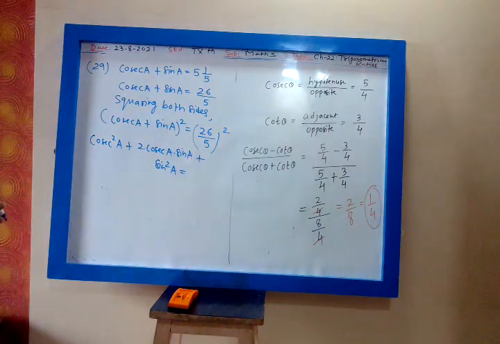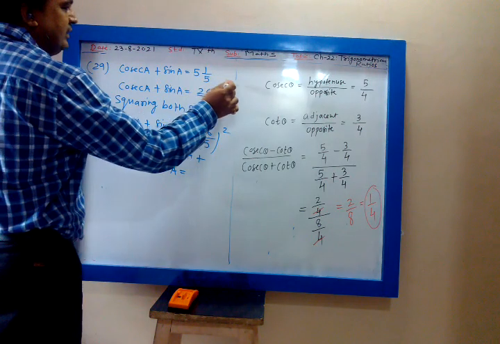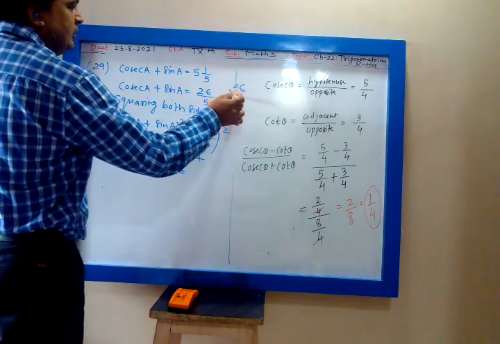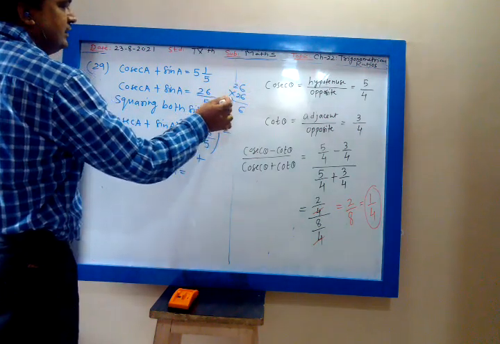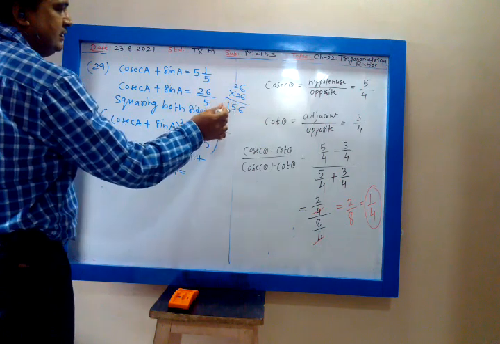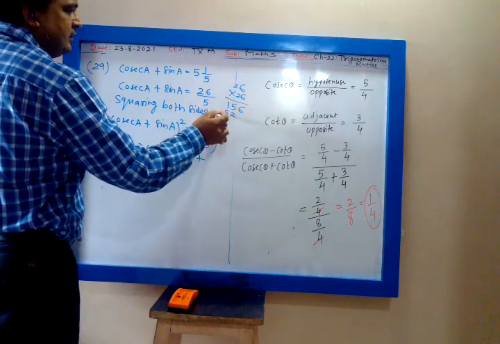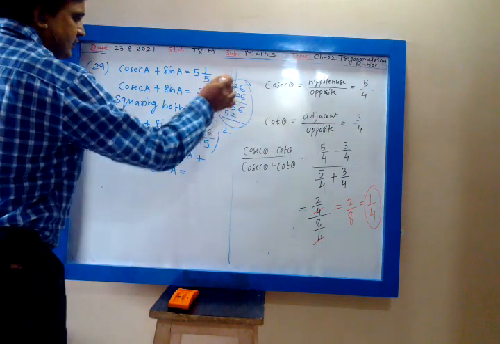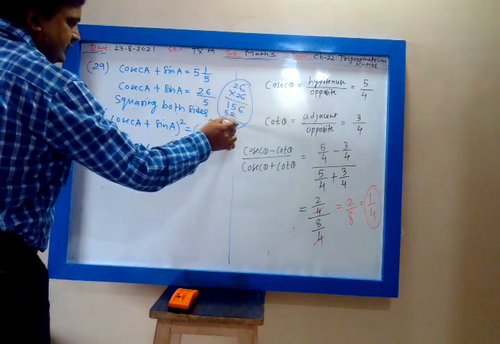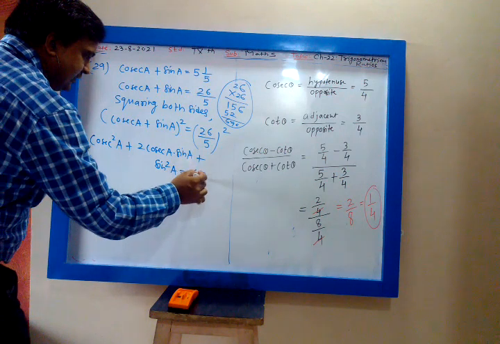How much is 26 square? Has anybody calculated 26 square? 6 sixes are 36, so it is 676. So that is 676 upon 25.